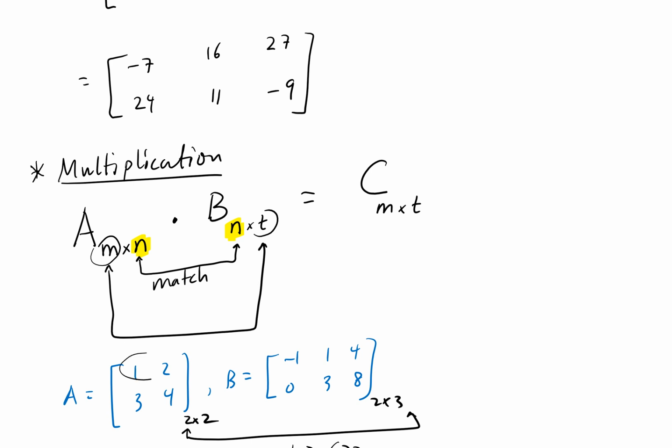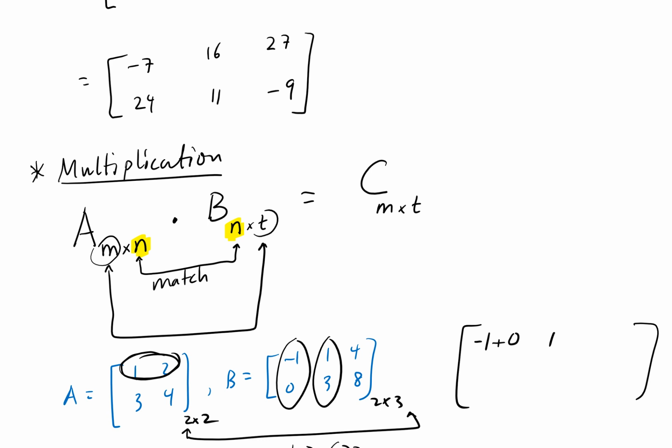You multiply row by column, this by this. 1 times negative 1 plus 2 times 0. Then the same row by the next column: 1 times 1, 1, and 2 times 3, 6. Same row by the last column: 1 times 4, 4, and 2 times 8, 16.